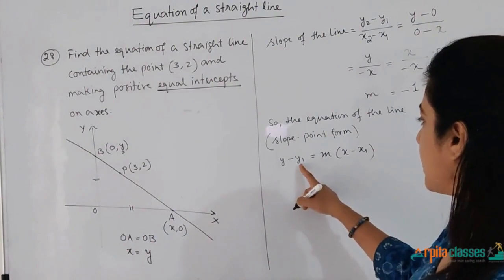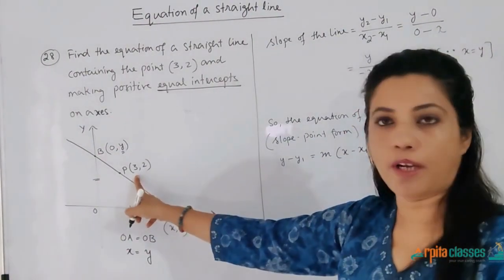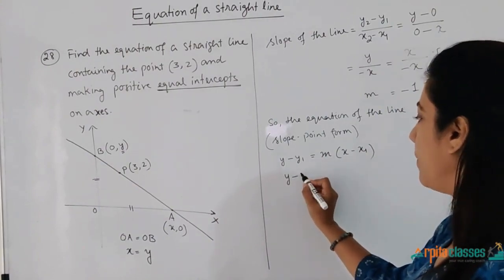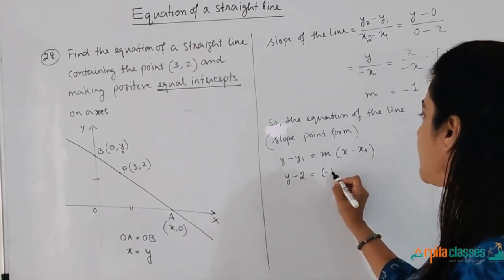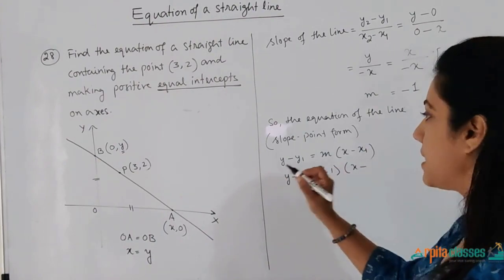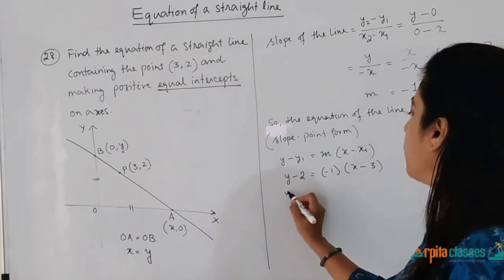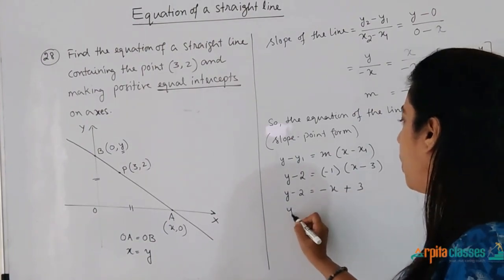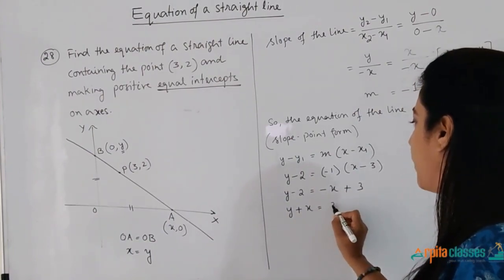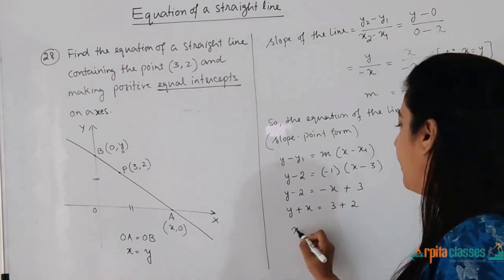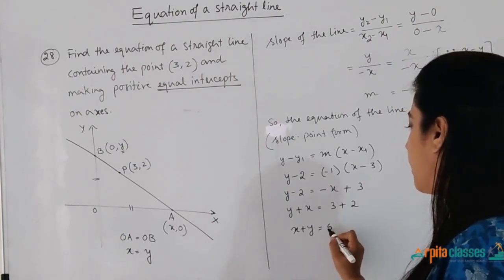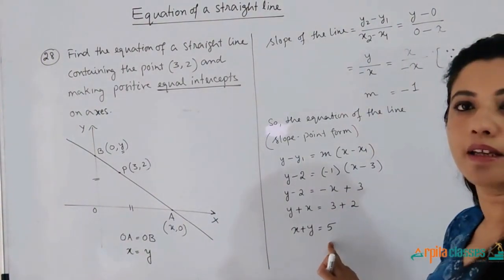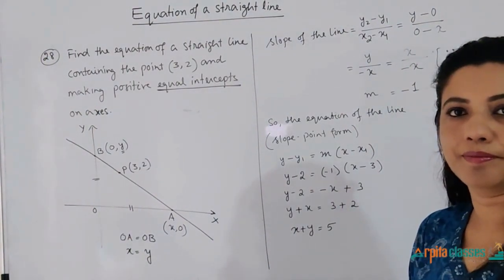Now I will consider x1, y1 as this point (3, 2). So y minus 2, m is minus 1, x minus 3. So y minus 2 is equal to minus x plus 3, or y plus x is equal to 3 plus 2, or we can write x plus y is equal to 5. So the equation of this line is x plus y equals 5.